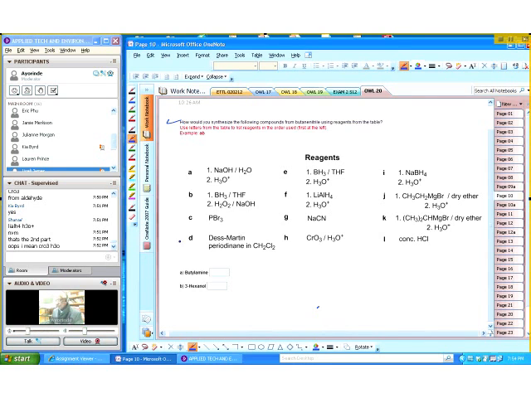So we want to synthesize this compound, butylamine and 3-hexanol, starting from butanenitrile. In other words, let us do A first. A, butanenitrile, so that would be this here.